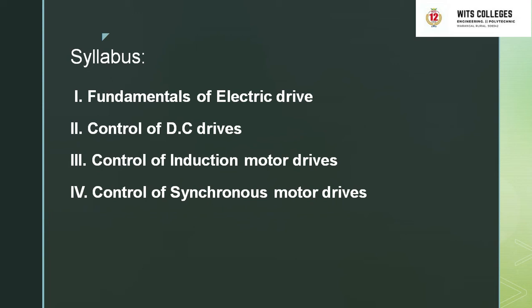Next, fundamental torque equation, types of loads, quadrant diagram, steady state stability and transient stability of drive, and drive specifications. The second chapter is control of DC drives. In the second unit, we'll control the DC drives using two types of methods. The first one is the rectifier control method and the second one is the chopper control method.